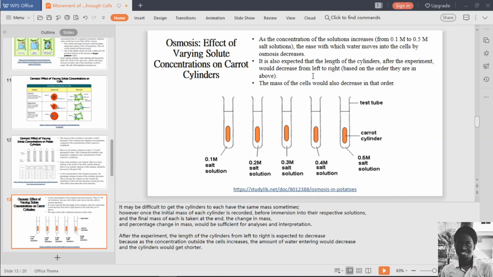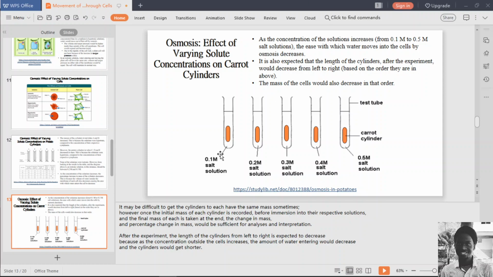So the same trend: as the concentration of solution increases from 0.1 molar to 0.5 molar salt solutions, the ease with which water moves into the cells by osmosis decreases. Okay, so it is less likely for water to enter the cell as you move from left to right, or from least concentrated to most concentrated, right?